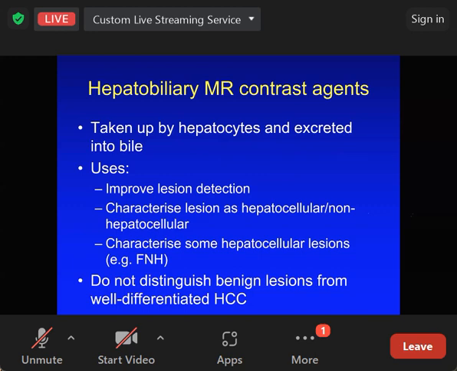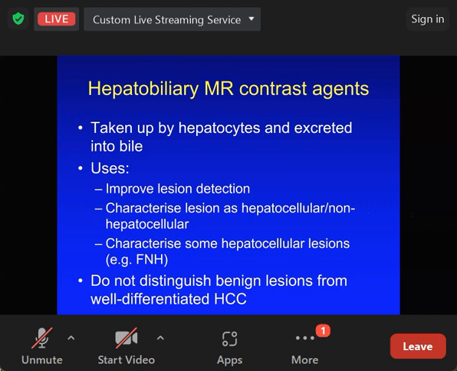So if we've got, for example, our focal nodular hyperplasia, which I showed you, when you inject contrast on MR, it'll go white in the same way as when you inject contrast for CT, it goes white. So that's okay.